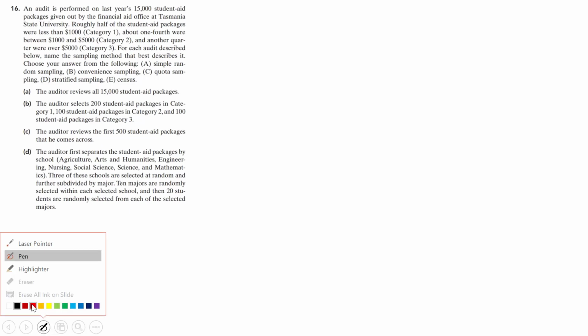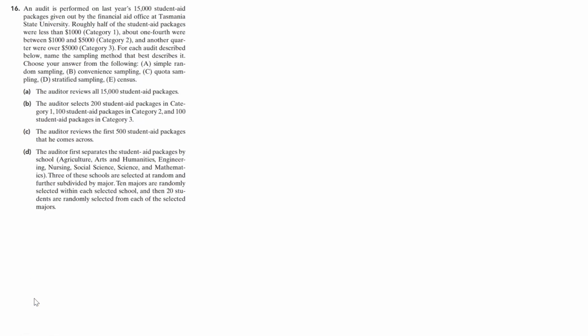Okay, so let's look at number 16 and practice some of our vocabulary here. An audit is performed on last year's 15,000 student aid packages given out by the Financial Aid Office at Tasmania State University.